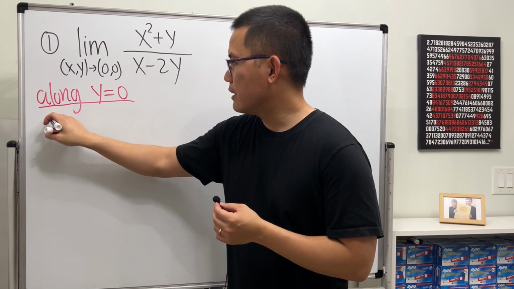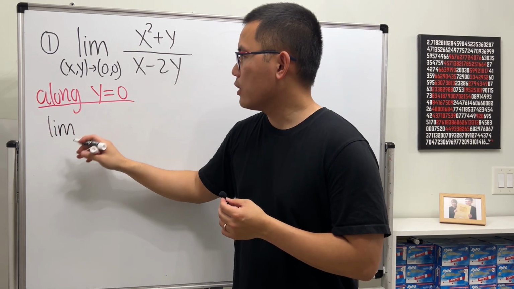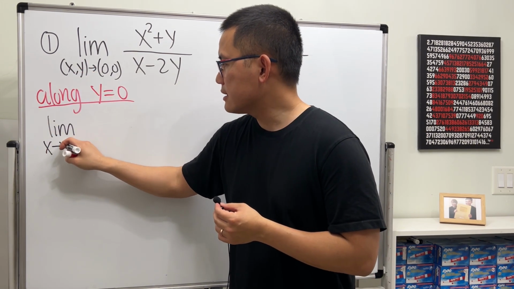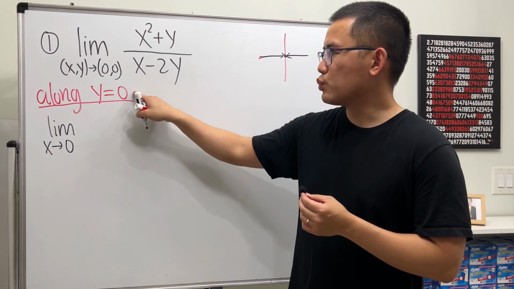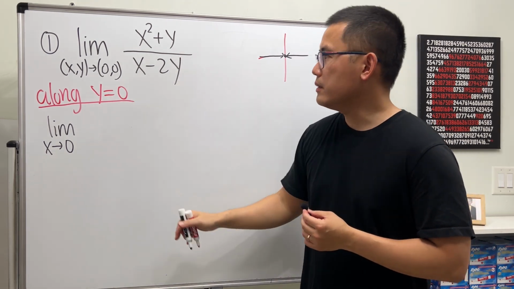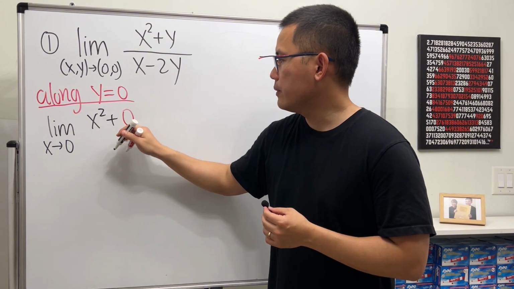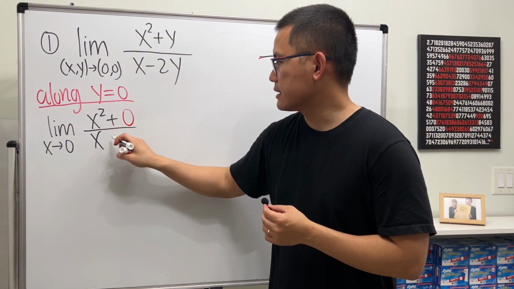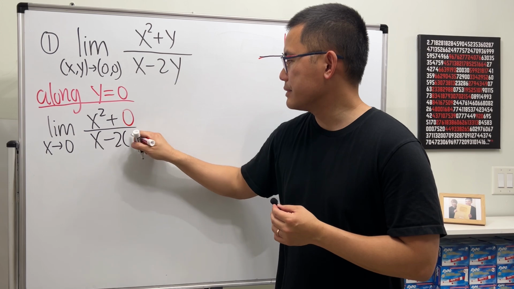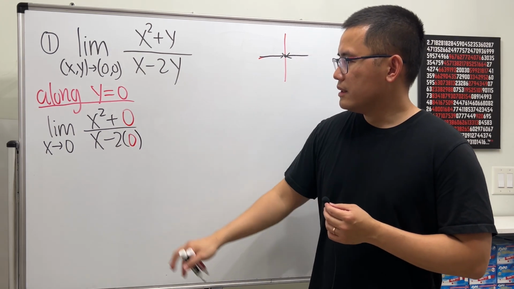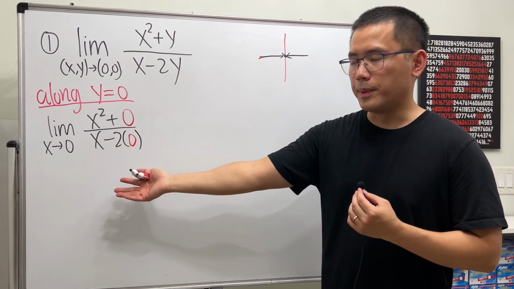So we just have the limit. Now it's just looking at x approaching 0 because y is equal to 0, and here we have x squared plus 0 over x minus 2 times 0. And here we just have a single variable case.